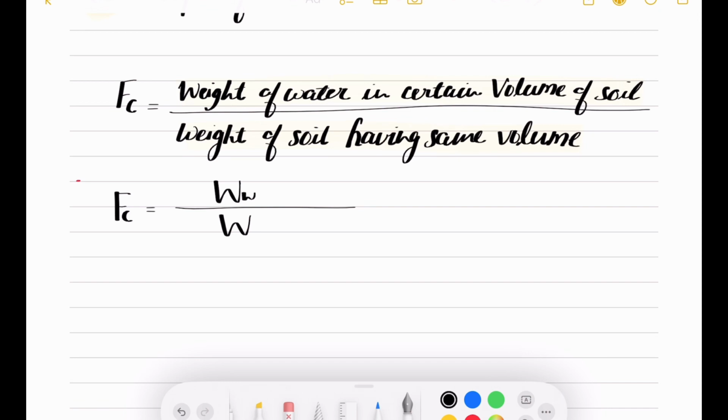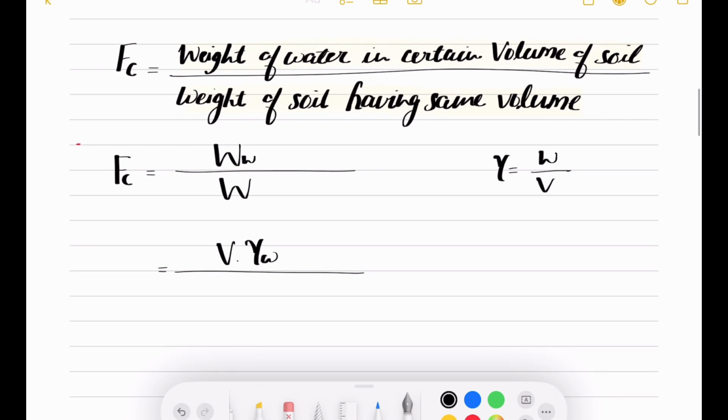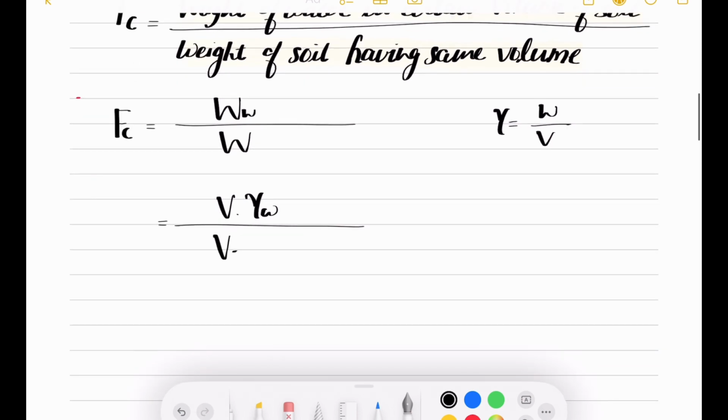And we know that the unit weight is defined as the weight upon volume. So we can use this expression here. So we can write it as weight of water, which means volume of water into unit weight of water, divided by volume of soil into unit weight of soil.